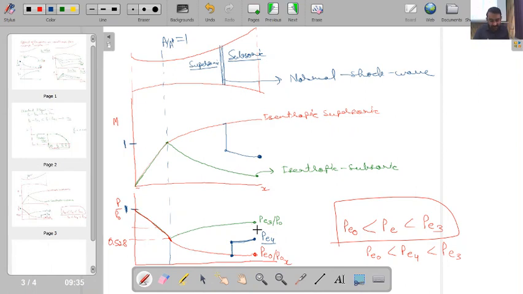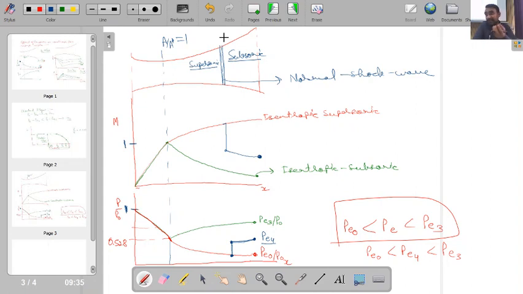If my pressure is in between these two, then in the converging section the flow will be choked, but in the diverging section I will be finding the presence of a normal shock wave. That normal shock wave will lead to the pressure equalization, so that the downstream pressure condition can be reached, whatever is applied. Okay, is this point clear?